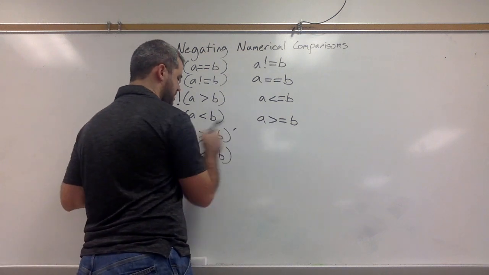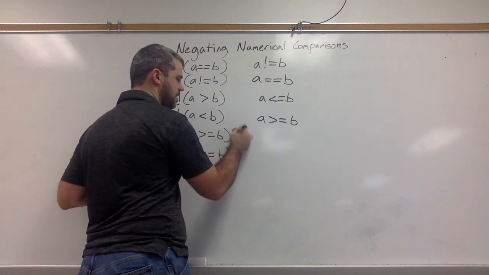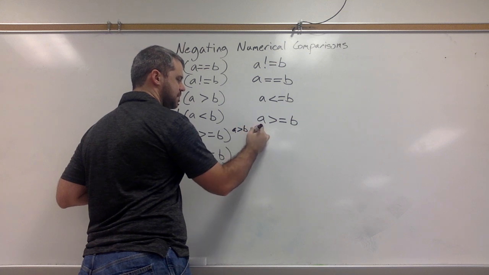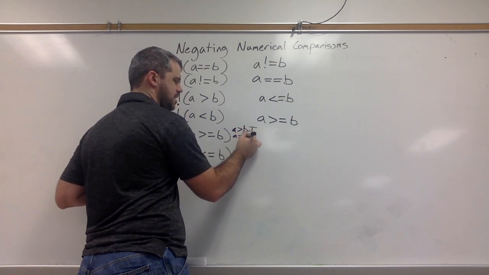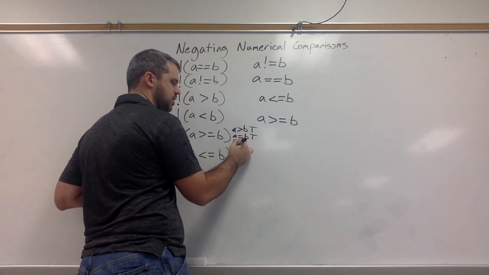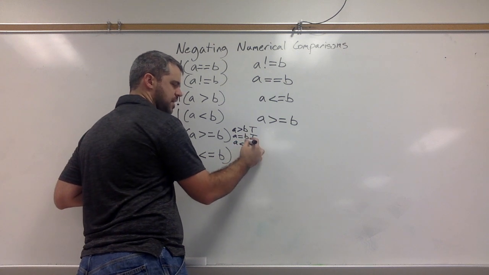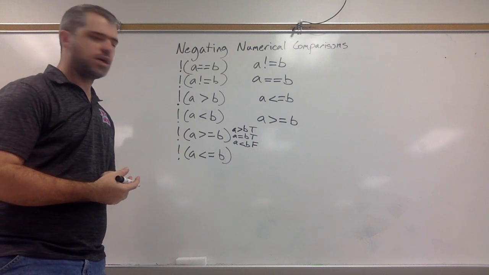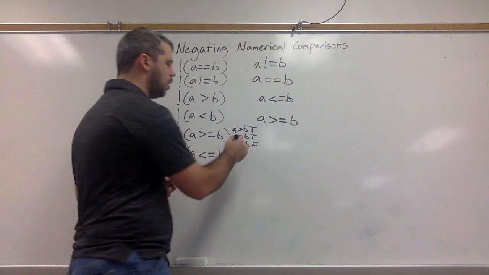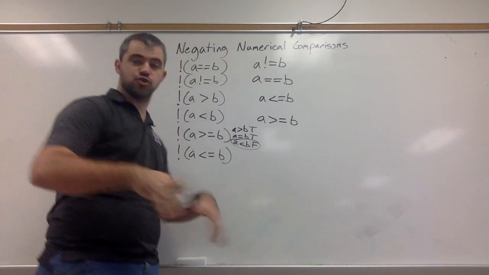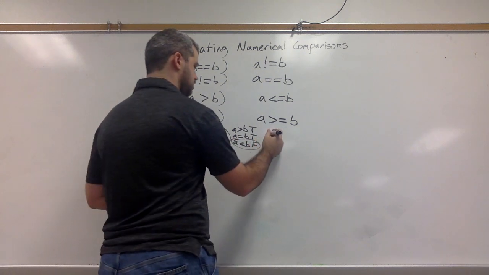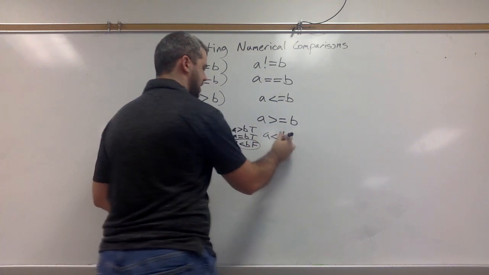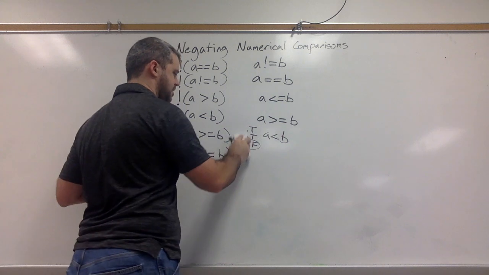If A greater than or equal to B is true, that means this statement is true, and that means this statement is true. So the only one that's false is this one. We need only this statement to be true when we negate it, so we'll just make it less than B.